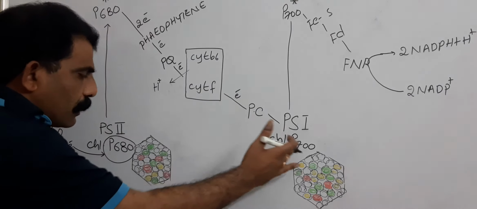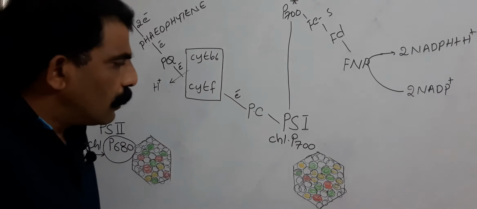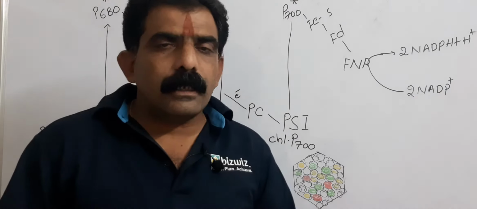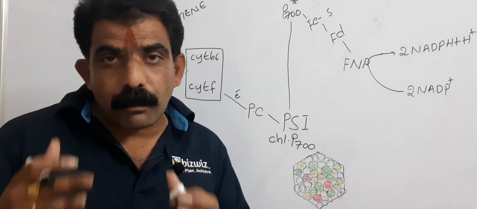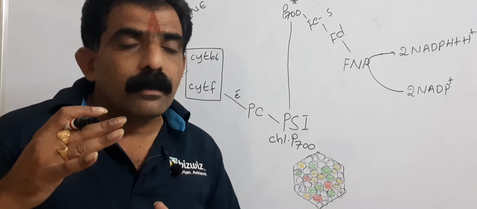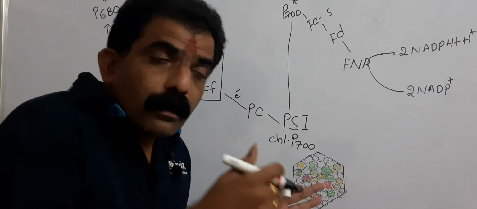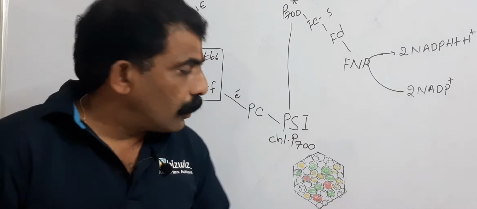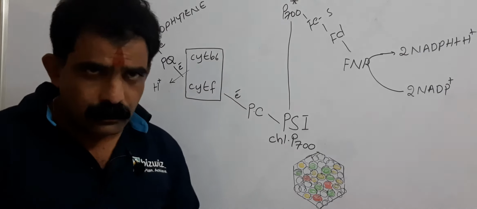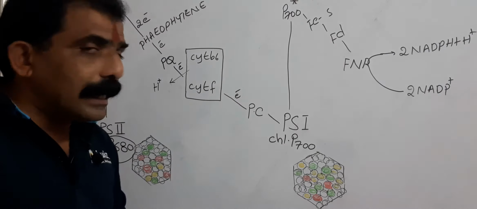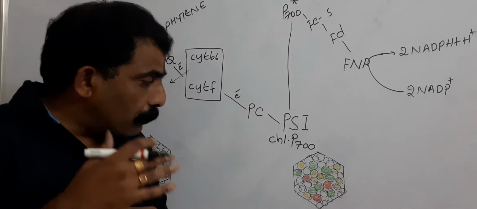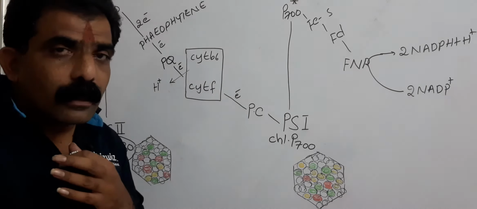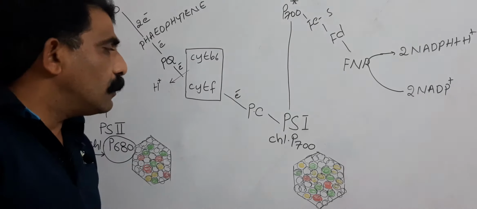Actually, what do that 700 or this 680 represent? They represent the absorption maxima, the maximum wavelength of the light which can be absorbed by that pigment system. So P700 means they can absorb light of more than 680 and the maximum is 700.